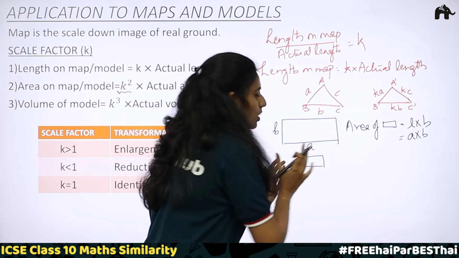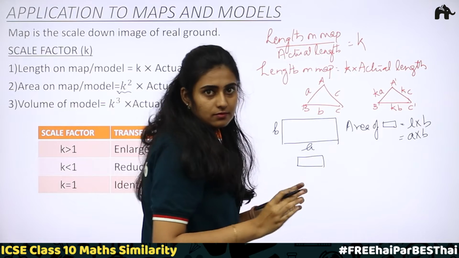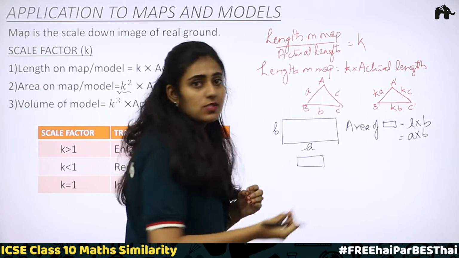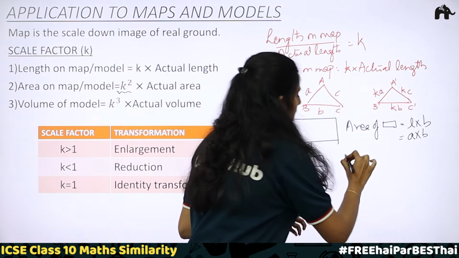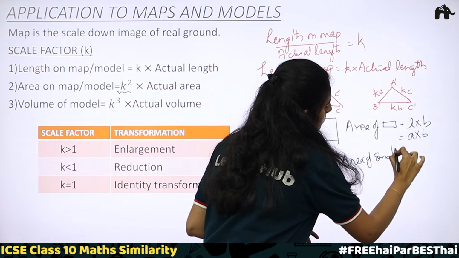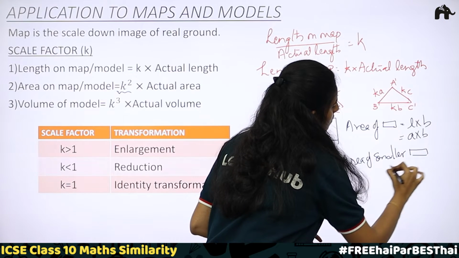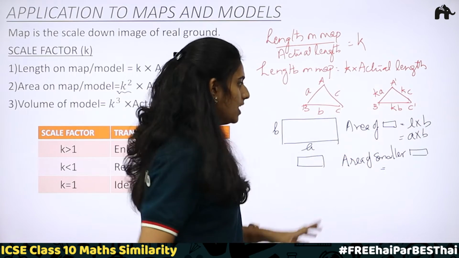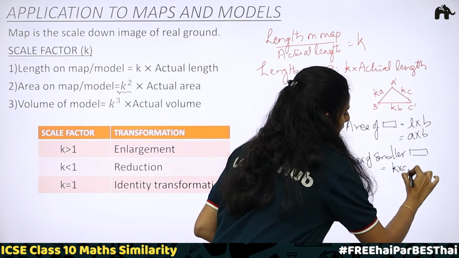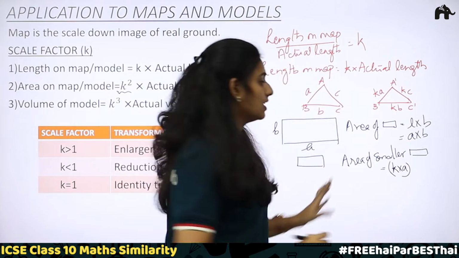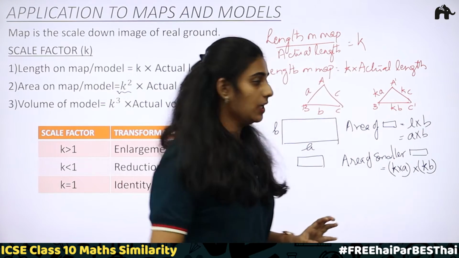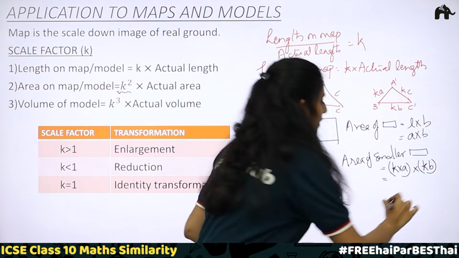Length will be reducing with the factor of K, which is the scale factor, and breadth also will be reducing with the factor of K. Which means the area of the smaller rectangle will again be equal to length into breadth. Here length will be equal to K into A. What about breadth? Breadth will be equal to KB. Okay. K into K can be taken out.